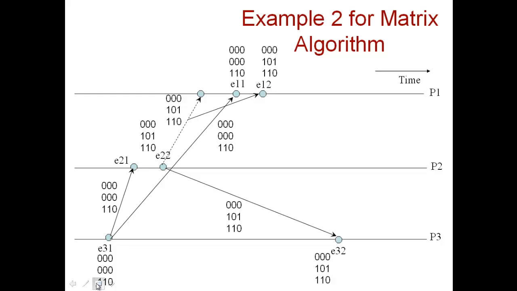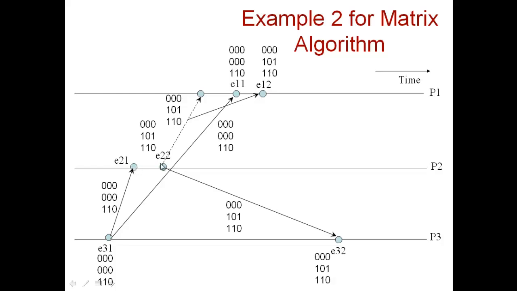P3 increments this entry for P1 to a 1 and this entry for P2, and sends this clock value, the matrix clock, on both these messages. After receiving this message, P2 can accept it because in P2's column this is the only entry that is 1, so it can go ahead and accept it, and that becomes the clock value for P2.